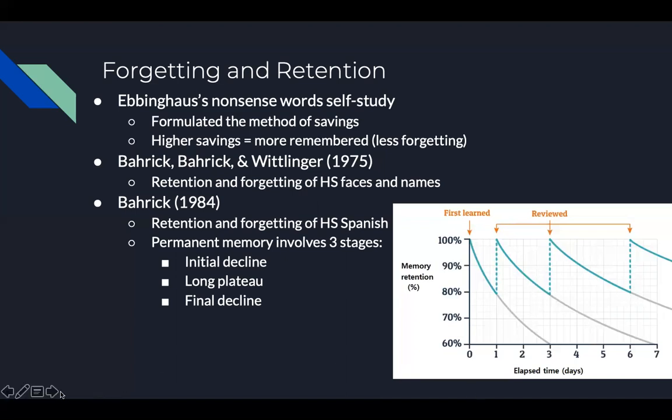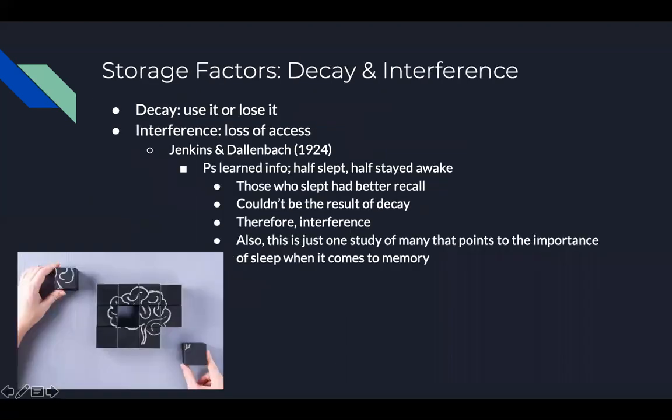So let's talk about some of the factors that influence storage. The nature of forgetting in long-term memory has been a bit of a debate. So actually a behavior theorist, Thorndike in 1914, proposed what he called his law of disuse.